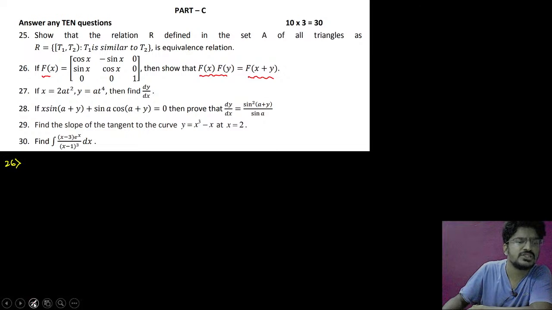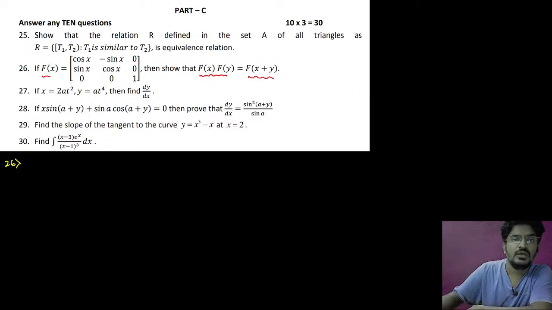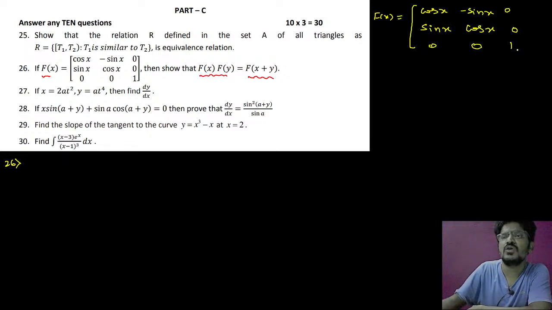So my dear students, here first be very perfect with writing f of x, f of y and f of x plus y, because you need first f of x. So what is f of x? That is given: cos x, minus sin x, 0, and the second row is sin x, cos x, 0, third row is 0, 0, 1.